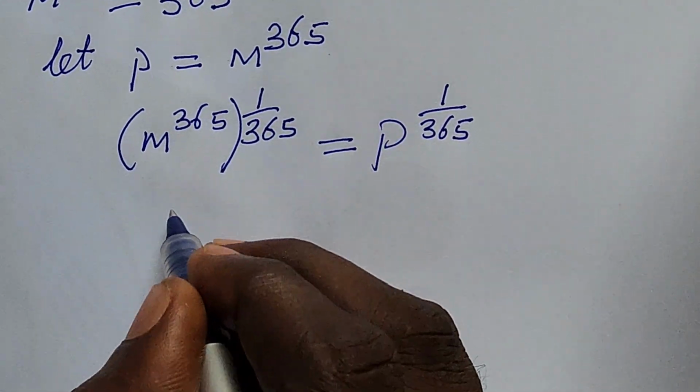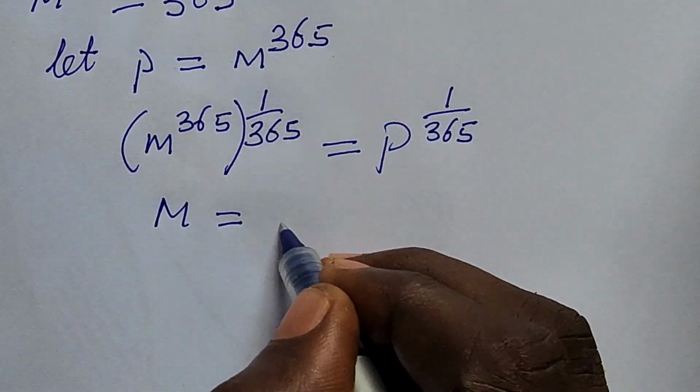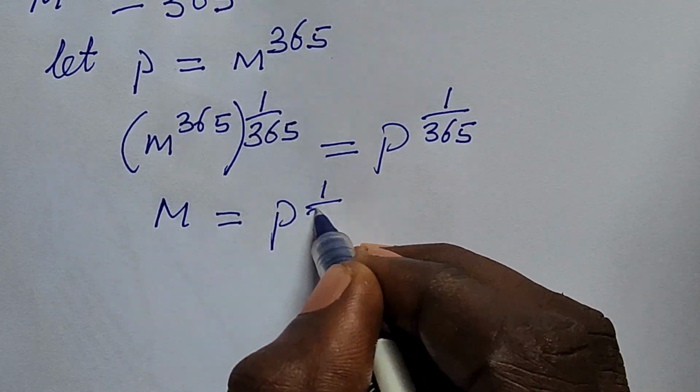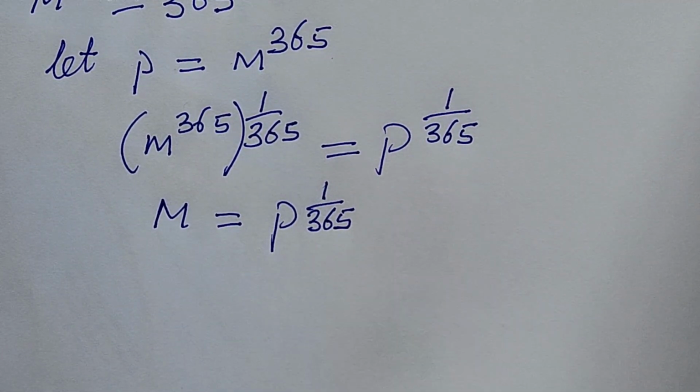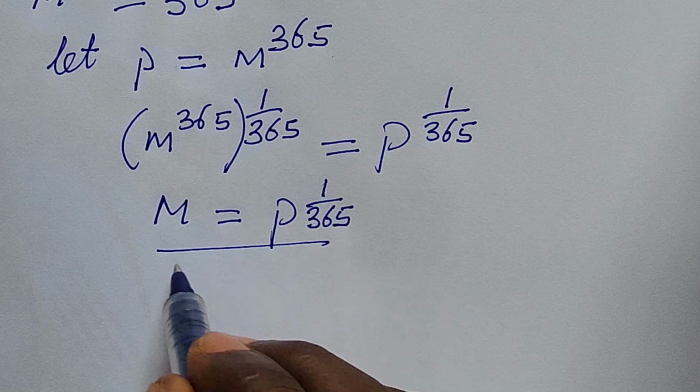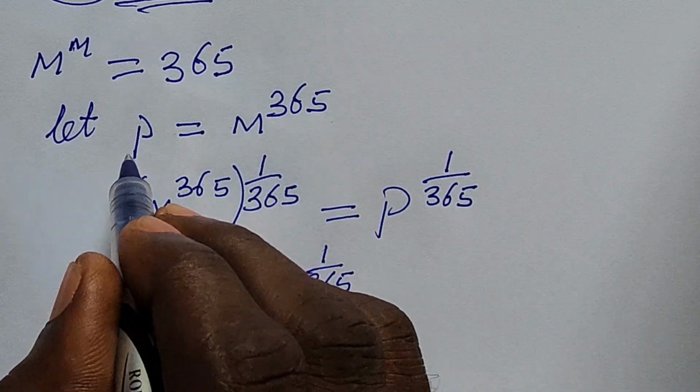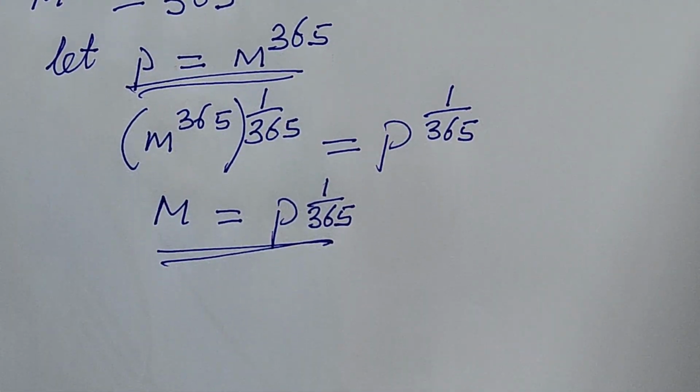So therefore we now have our m from here will now be equal to p to the power of 1 over 365. Okay, so now we have an expression for our m and we have our expression for our p.